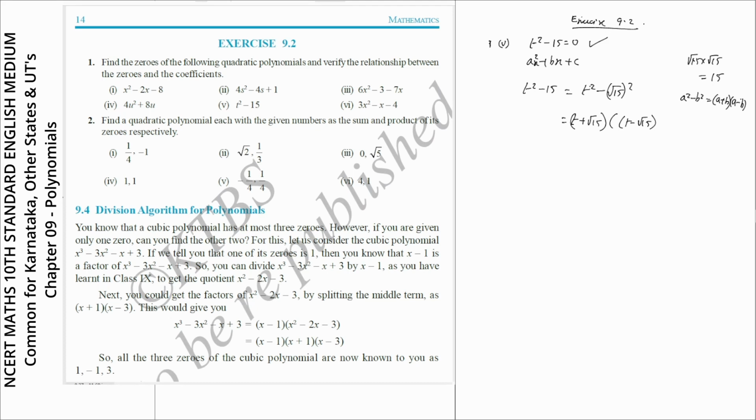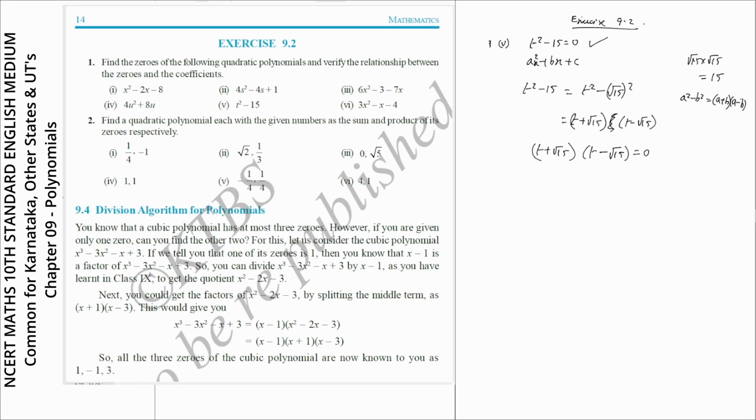Now I will equate this to 0. T plus square root of 15 into t minus square root of 15 is equal to 0. To find the root, to find the zeros, we need to equate the given polynomial to 0.